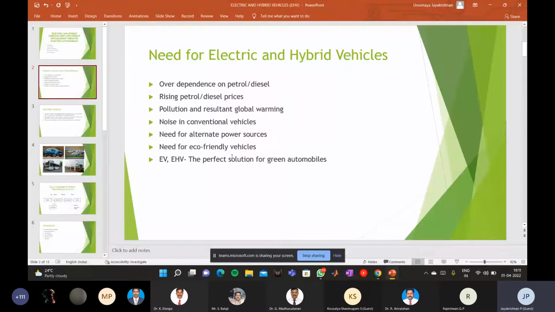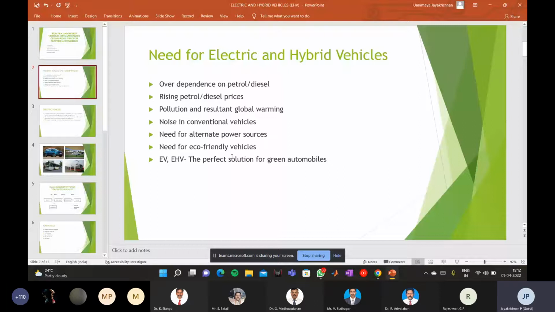So we have to get about 50% or even 60% from non-conventional energy sources. Otherwise, our dependence on petrol and diesel prices will hamper the energy sources in our system. And then is the need for eco-friendly vehicles.